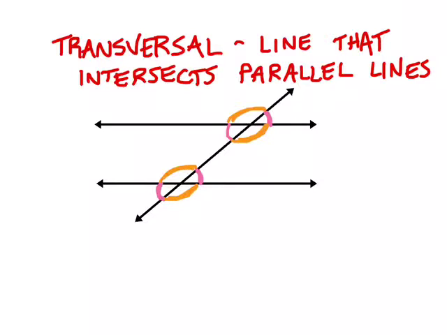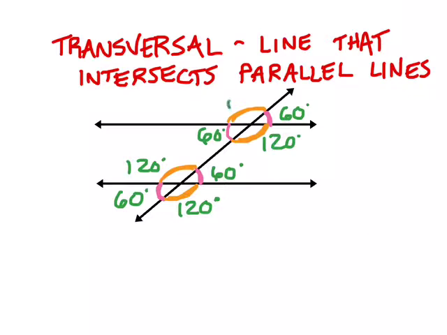For example, if I knew that this angle here was going to be 60 degrees, I know that all the other angles I've labeled pink will also be 60 degrees. And because these 60-degree angles are all supplementary with the orange angles, because of the line intersections, the missing angle is going to be 120 degrees, and it's going to be 120 degrees at every single intersection.